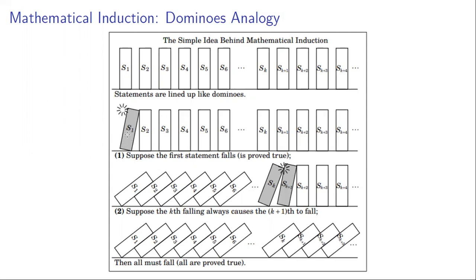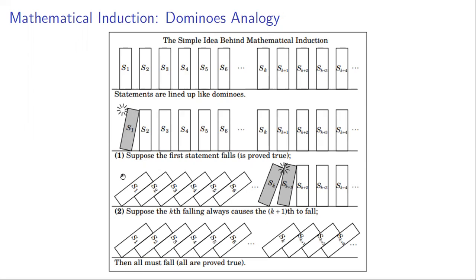We show that S(1) is true. That's the basis step. Then the inductive step is we show that whenever the kth domino falls, this causes the (k+1)th domino to fall. Meaning for every possible value of k, if domino number k falls, then domino number k+1 will have to fall as well. That's what we're going to prove in part two.